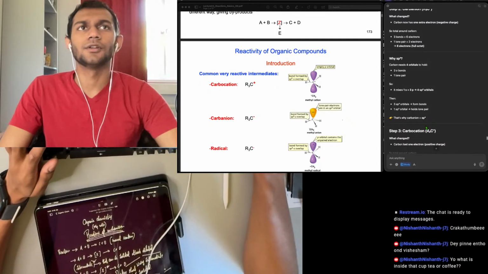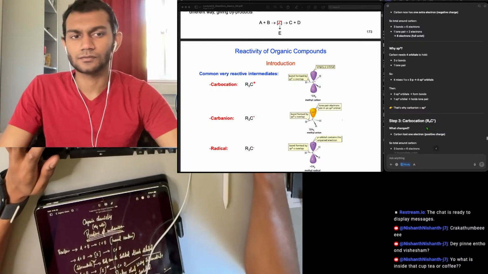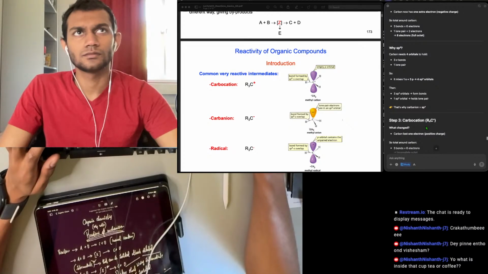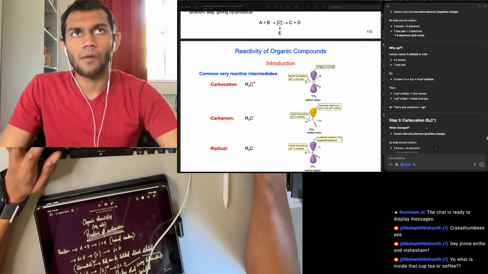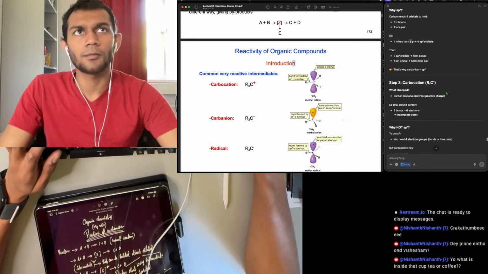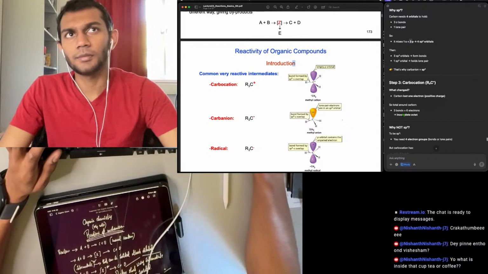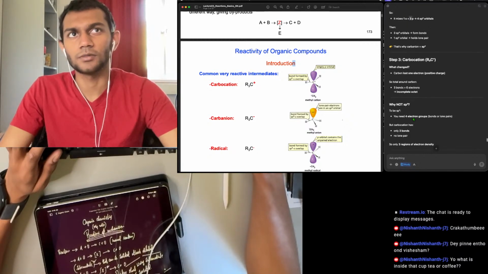Why is carbanion sp3? 1 s and 3 p. Then 3 sp3 orbitals for bonds, and 1 sp3 orbital holds a lone pair. Why is it now 1 s and 3 p, and here it's 1 s and 2 p? Carbocation: carbon lost 1 electron, positive charge, total around the carbon 3 bonds equals 6 electrons, incomplete octet. Why not sp3?